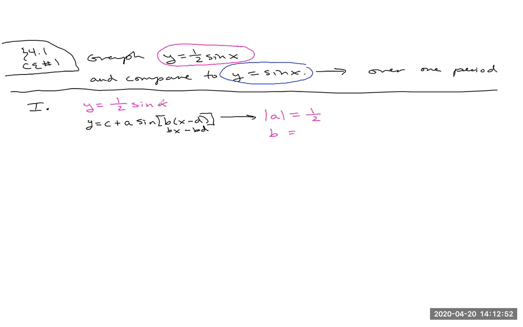So if you see an x here, that's really like 1 times x minus 0. When you distribute it out, you'd only get x. Okay, so what that means is that b is 1 and that d is 0.